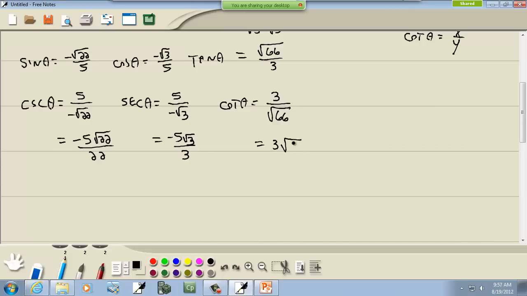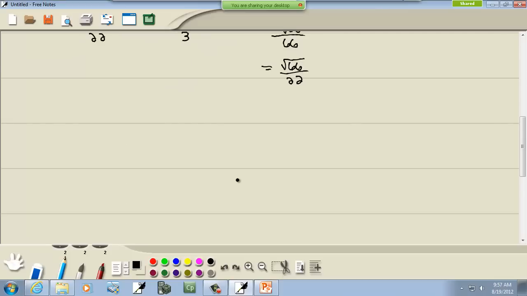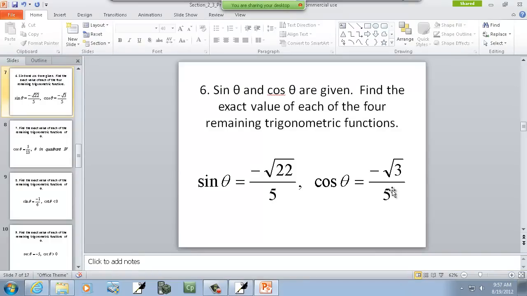And we get 3 square root of 66 over 66. The 3 and 66 reduce. So I get square root of 66 over, both top and bottom divisible by 3, over 22. Now those are if it's on a unit circle.